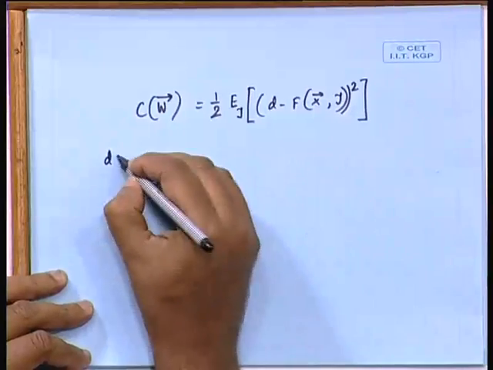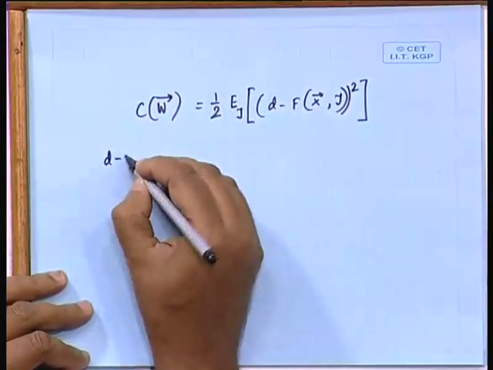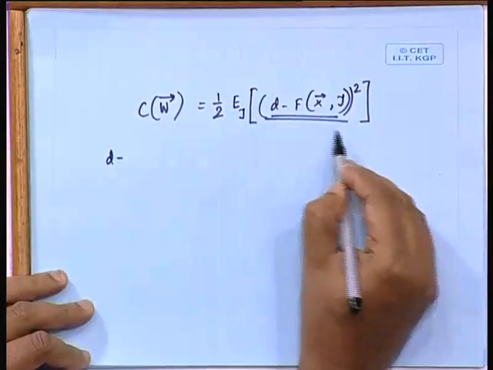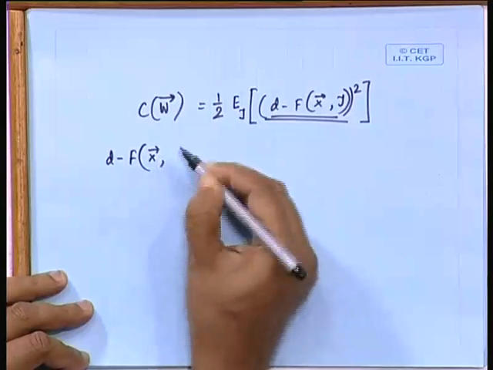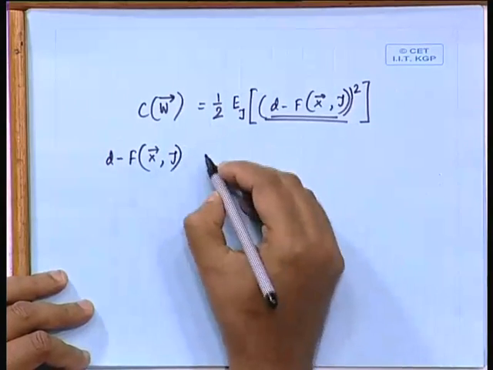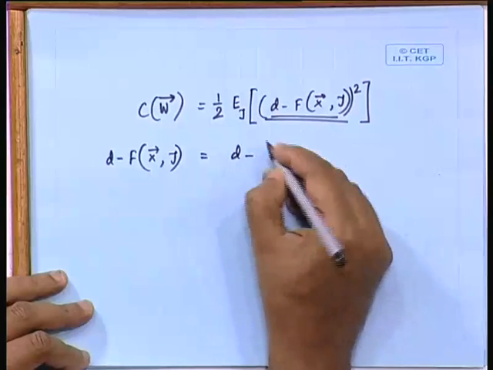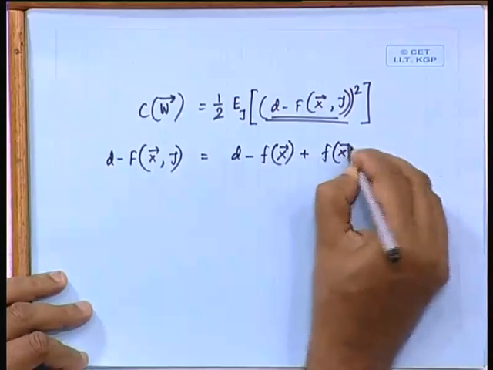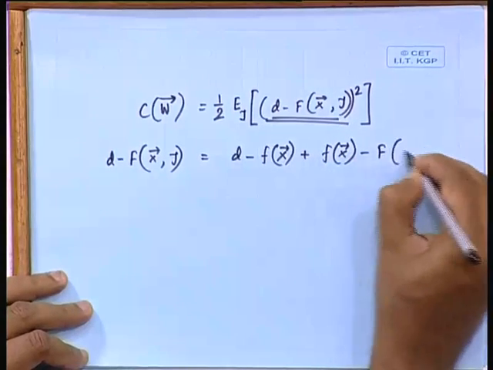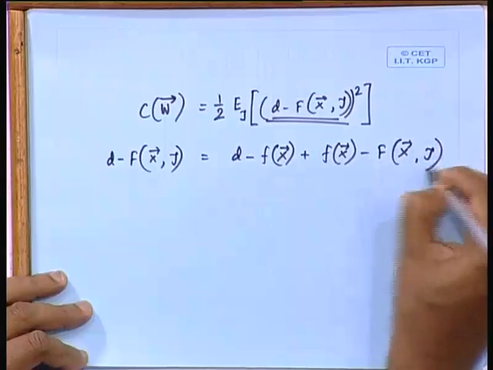Now, we have to calculate this average of this quantity, and it can be calculated in an easier way as follows. Let us see what is the argument of this: it is d minus F of x vector, T. This could be written as d minus f(x vector) plus f(x vector) minus F(x vector, T).